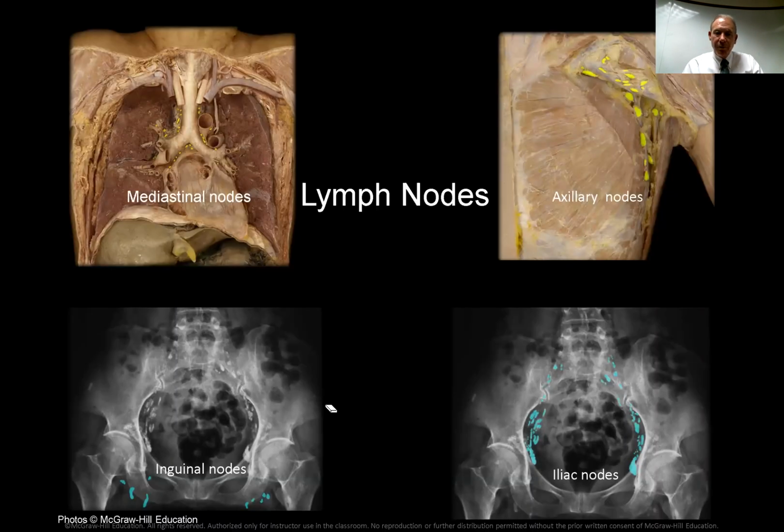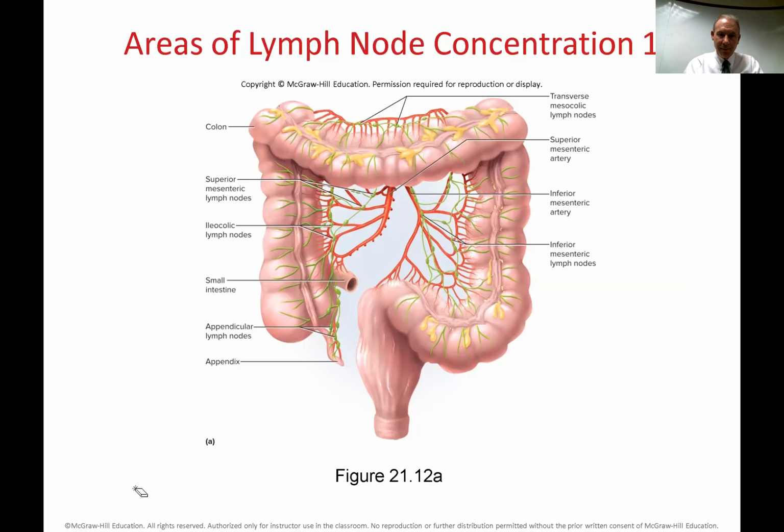Okay, so if you look at these pictures, the axillary lymph nodes are right in the armpit area, inguinal lymph nodes where the upper crease of the leg is, the groin crease, iliac lymph nodes are by the iliac vessels within the pelvis. Okay, we have lymph nodes within the intestinal system, and we name them by where they are.